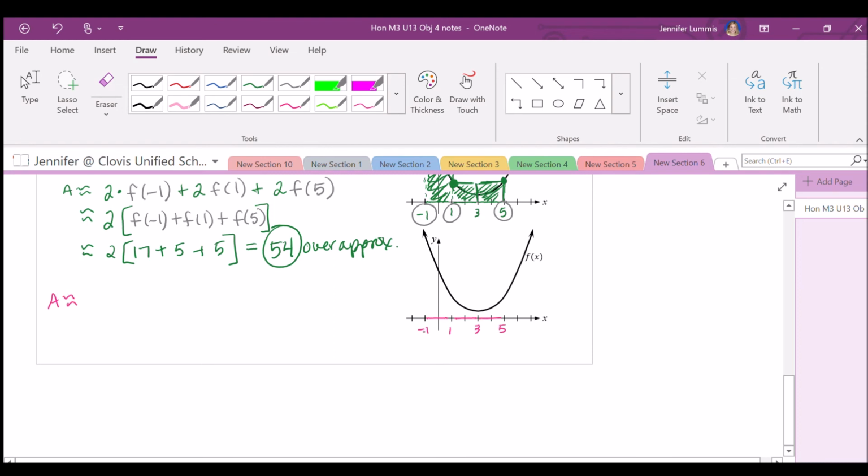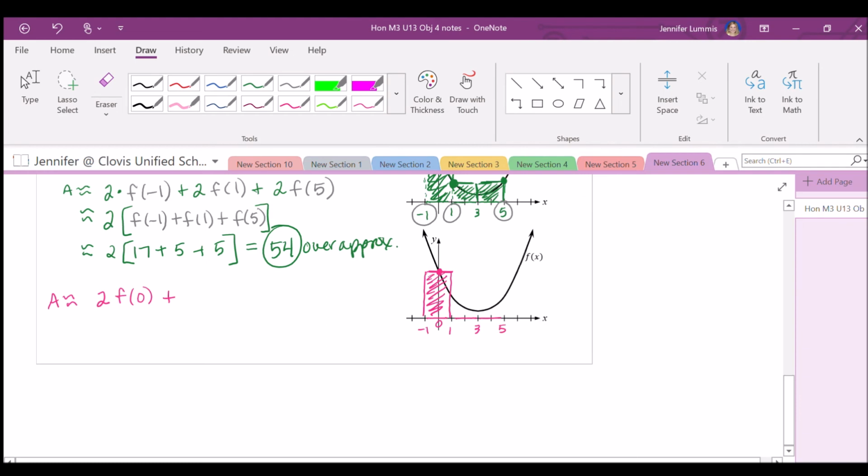So the middle of -1 and 1 is 0, we take that up to our function here to plot a point, and that is the height of the first rectangle from -1 to 1. So maybe I'll write down my area as I go. So I have a rectangle of width 2, and the height is taken by plugging 0 into the function.